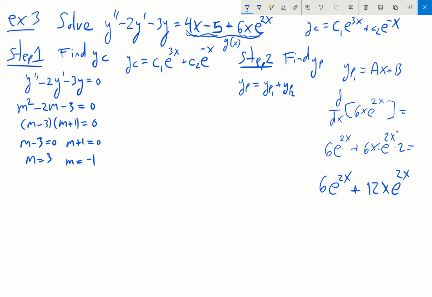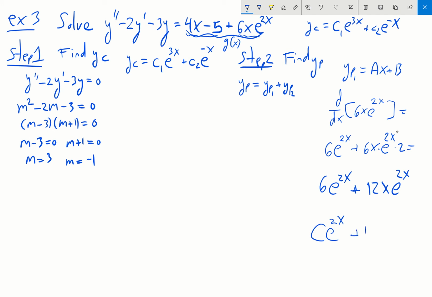So it's an x e to the 2x term, but we also get, in essence, a constant times e to the 2x too. I'm not going to show the work, but if you were to take the second derivative, you would again end up getting two terms. You would get one term like c e to the 2x, some constant times e to the 2x.